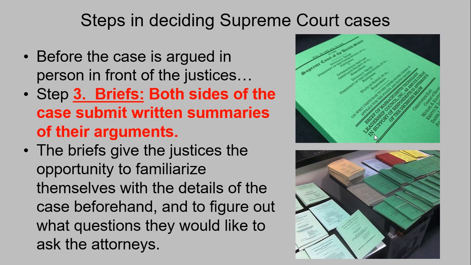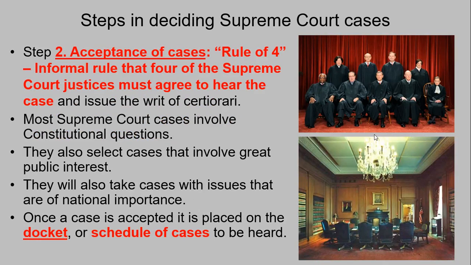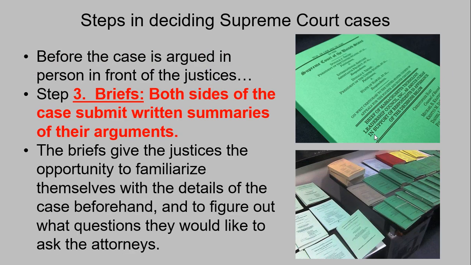All right. Step 3. Now, you've applied to have your case heard. The Supreme Court granted a writ of cert. Step 2, the 4 justices agreed to hear your case, and now your case is on the docket. Okay, now before you ever even step foot into the Supreme Court, lawyers for your side and the other side are going to write what's called briefs. Now, these briefs are summaries of their argument.